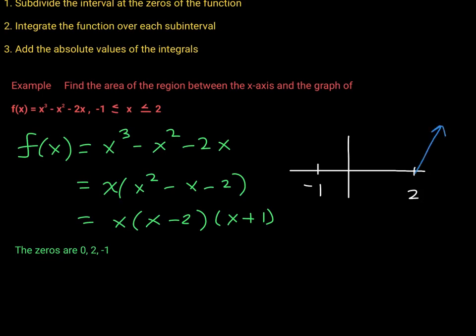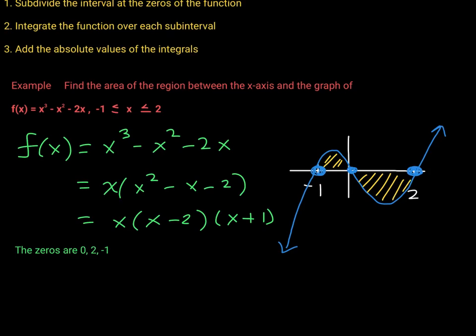Okay, I could have done better than that. Hold on, folks. Something like this. So there's a zero, another zero, and a zero, the x-intercepts. They're asking us to find the area of these regions, folks.